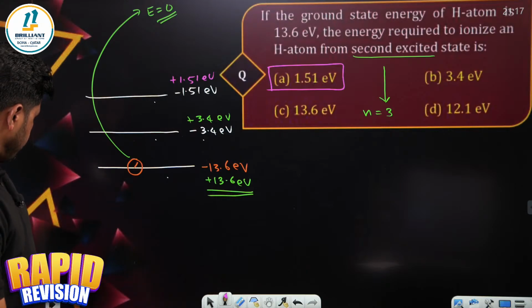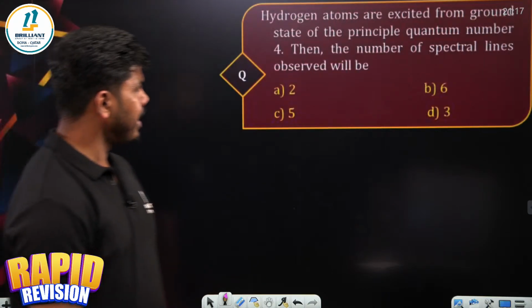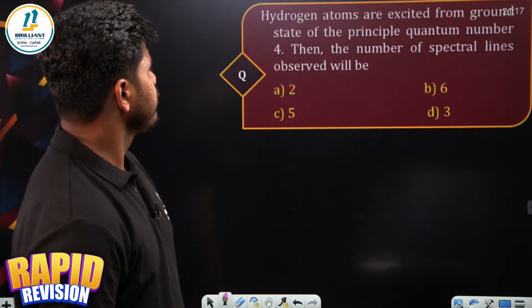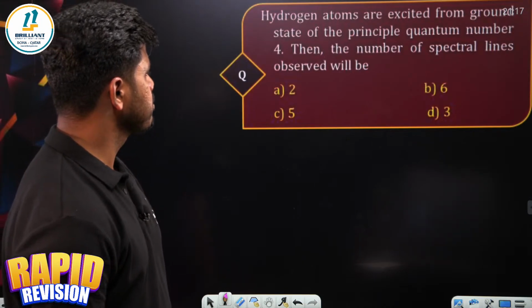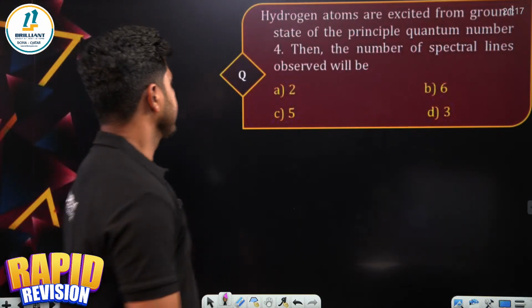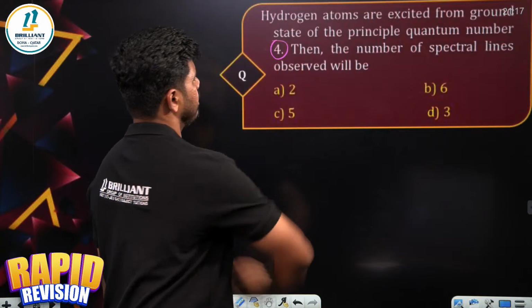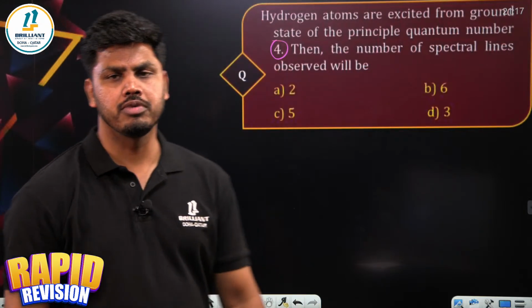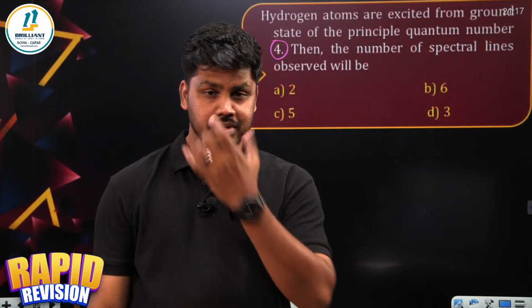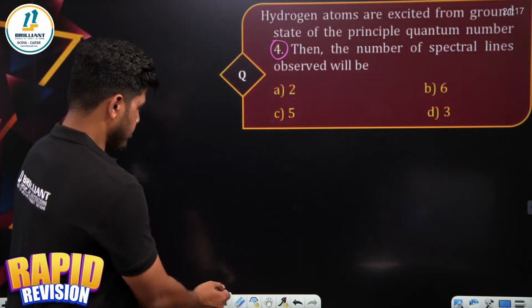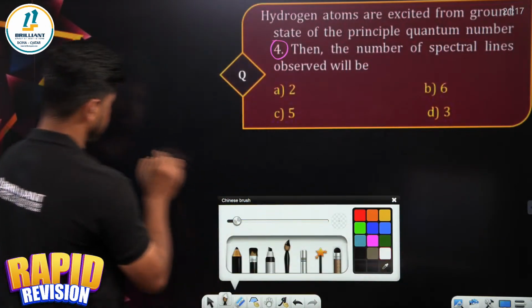Okay, then the next one. Hydrogen atoms are excited from the ground state to the level of principal quantum number 4. Yes, n is equal to 4. Then the number of spectral lines observed will be, a similar question we discussed before in another live. You remember, number of emissions.